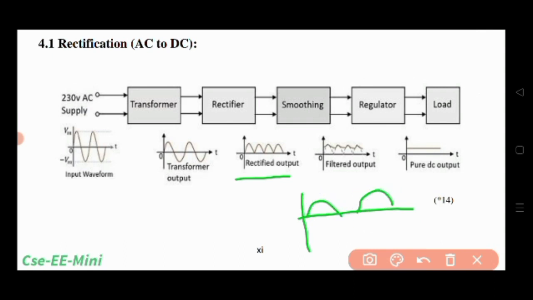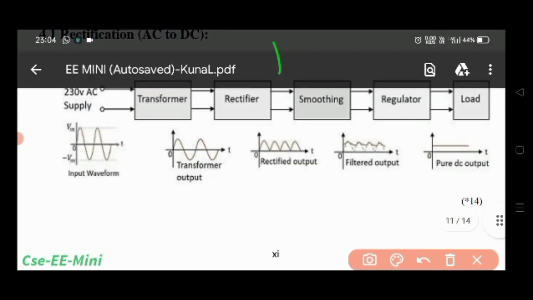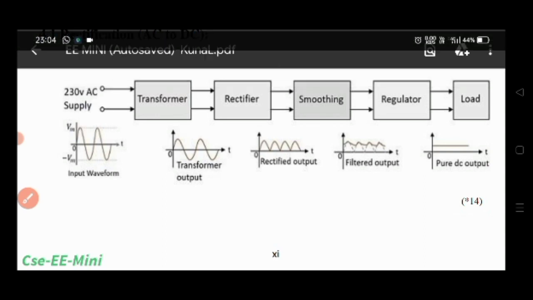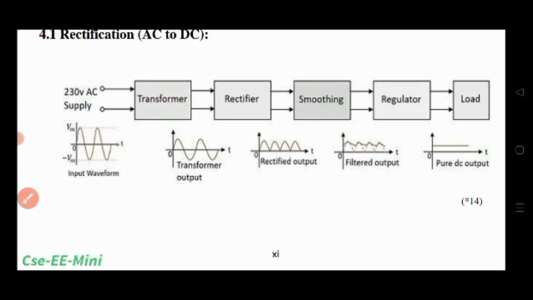This graph is for the second example we have seen, that is the full wave voltage doubler circuit. After rectification, smoothing is done. Smoothing is done with the help of the capacitor also, because the capacitor acts as the filter component.